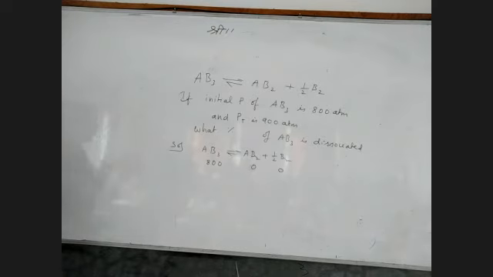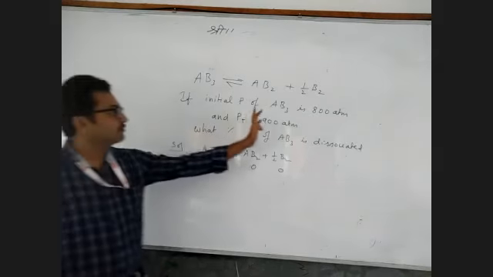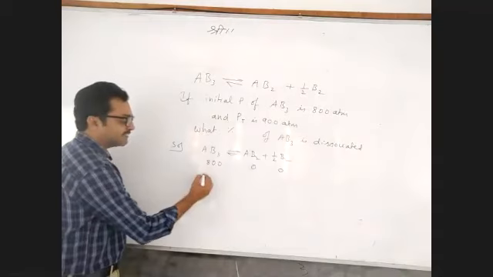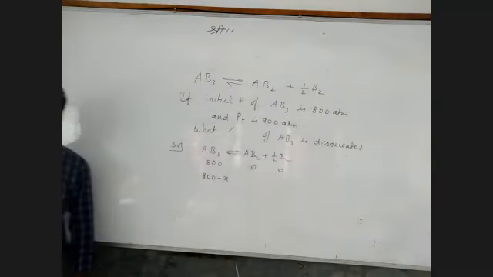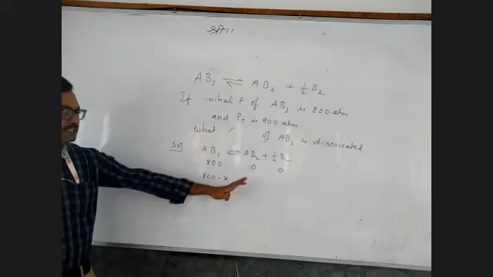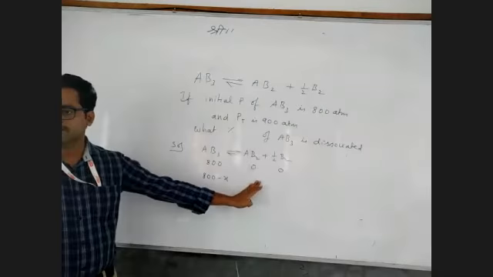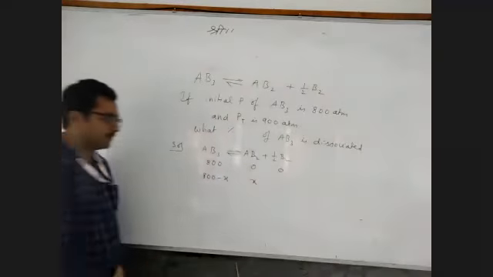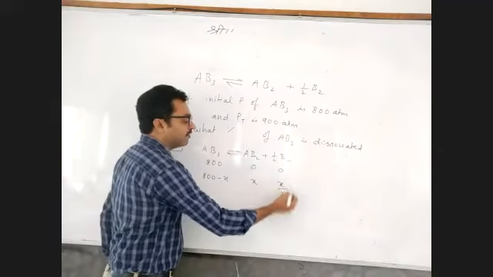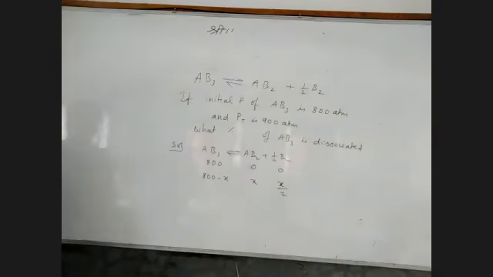Next, how much dissociated we weren't told, so take it as x. X is dissociated. So how much is formed here? X only. Here, X by 2. This means half of the part we got.